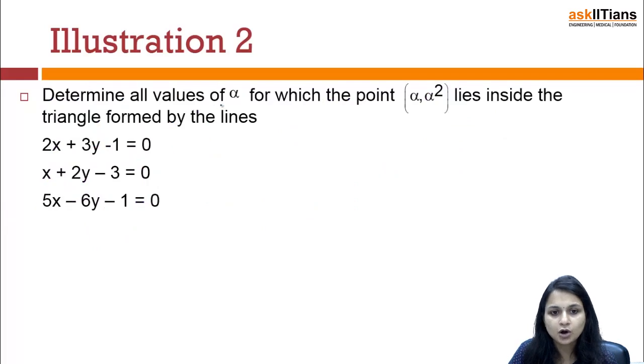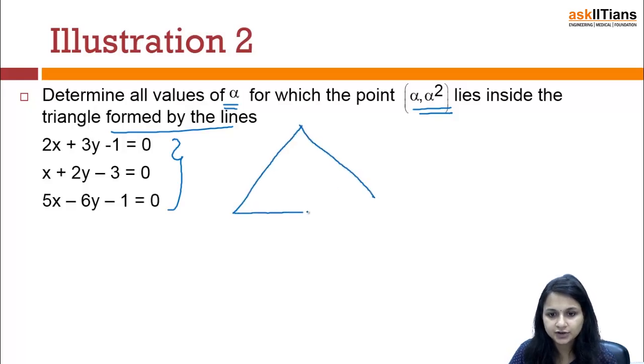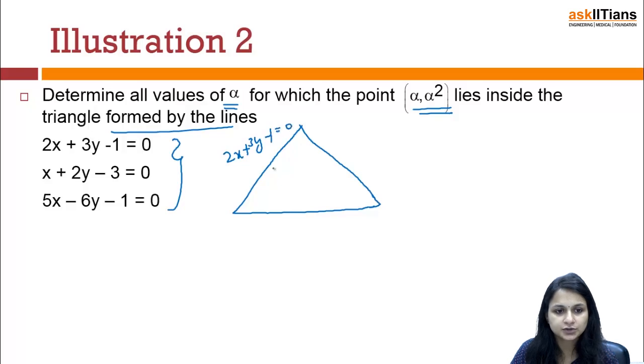Here I want to get all values of alpha for which this point lies inside the triangle formed by these three lines. This question came in the IIT subjective exam many years back. This is a very wonderful question. Let's understand it. Suppose I make the three lines. Suppose this is my 2x plus 3y minus 1 equal to 0.